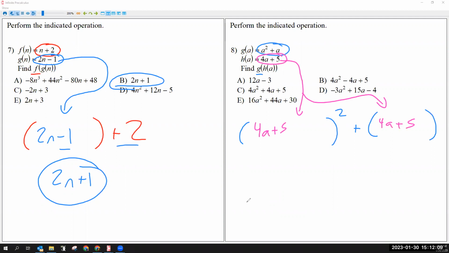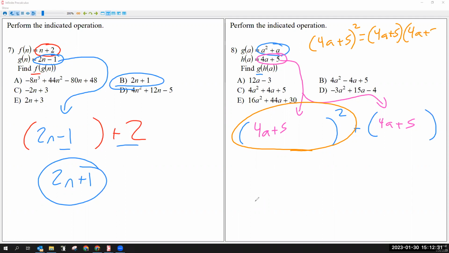And we spent some time talking about this, but right here, this is a binomial squared. You cannot square the first one and square the last one and just be done. Remember, 4a plus 5 squared is the same thing as 4a plus 5 times 4a plus 5.